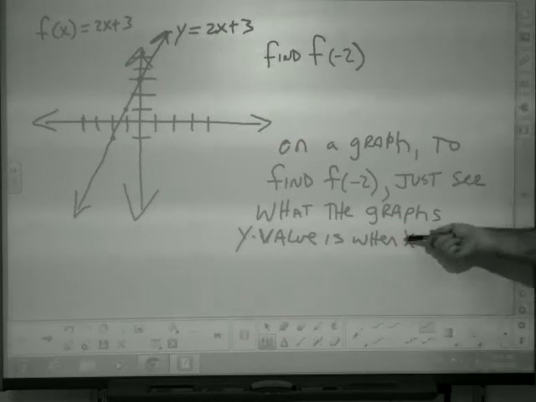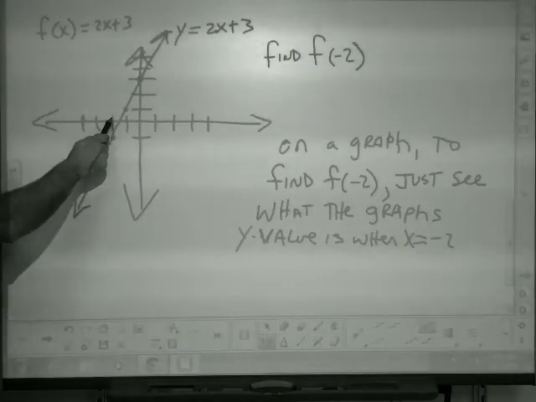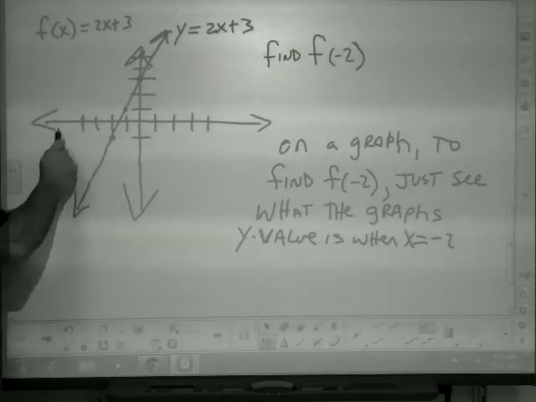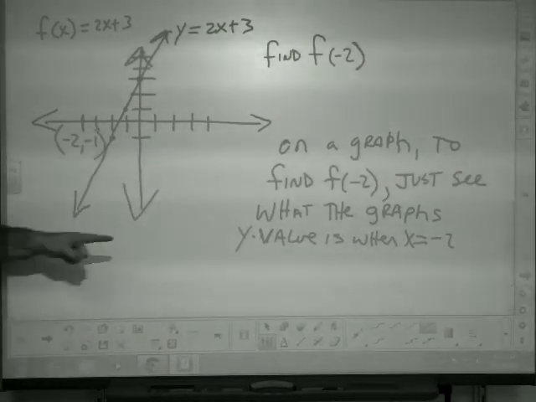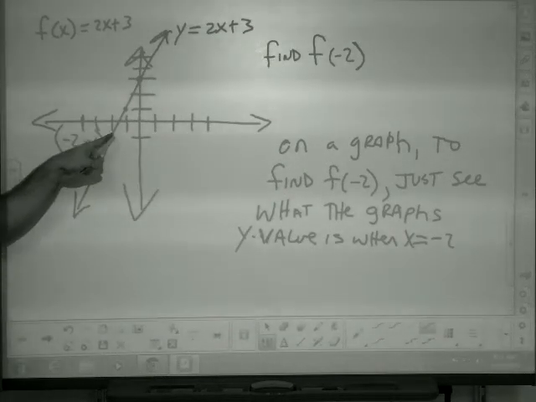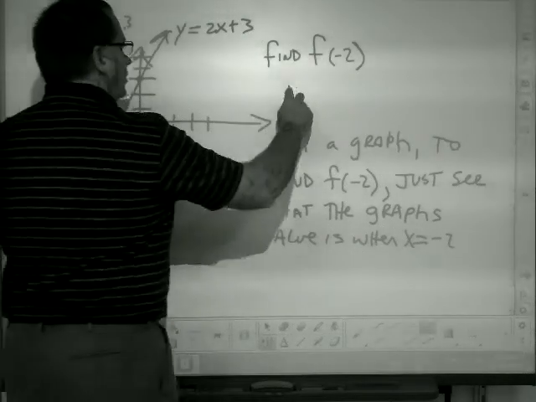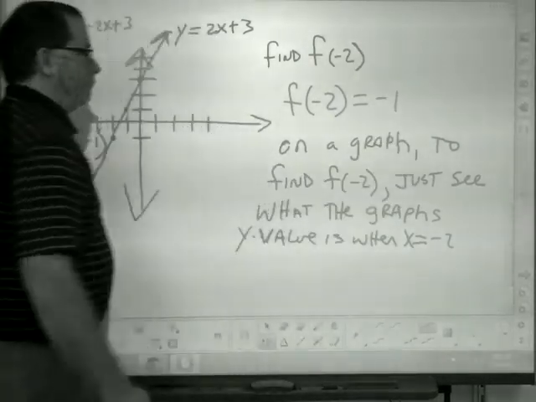And so graphically, I just look over. If I'm at negative 2, well, here's a point. That point is negative 2 comma negative 1. So what is the y value when x is negative 2? The y value is negative 1. So the f of negative 2 then equals negative 1.